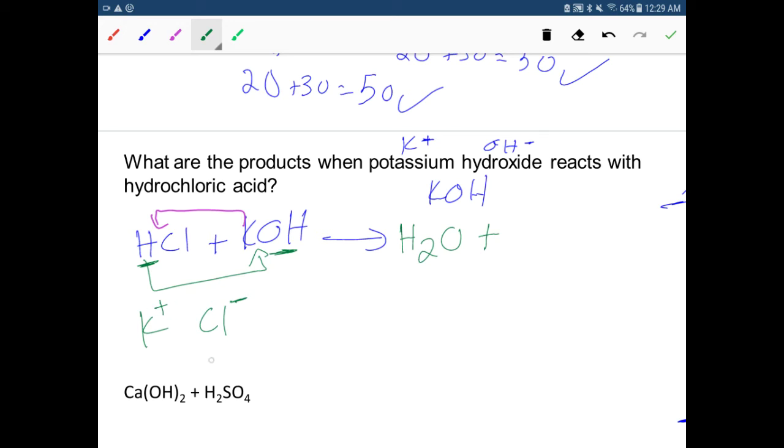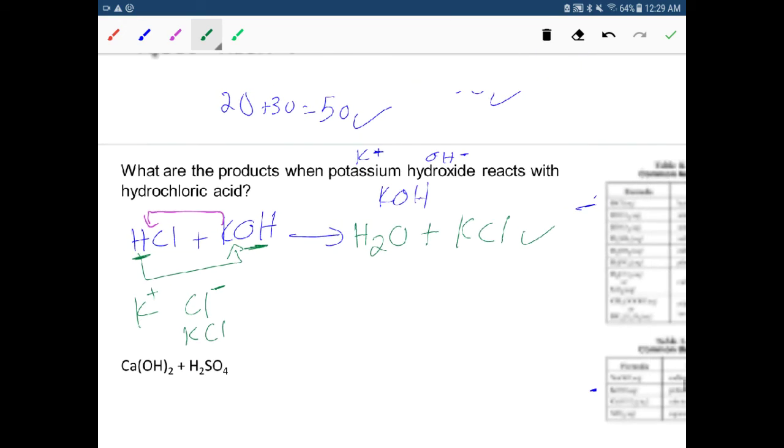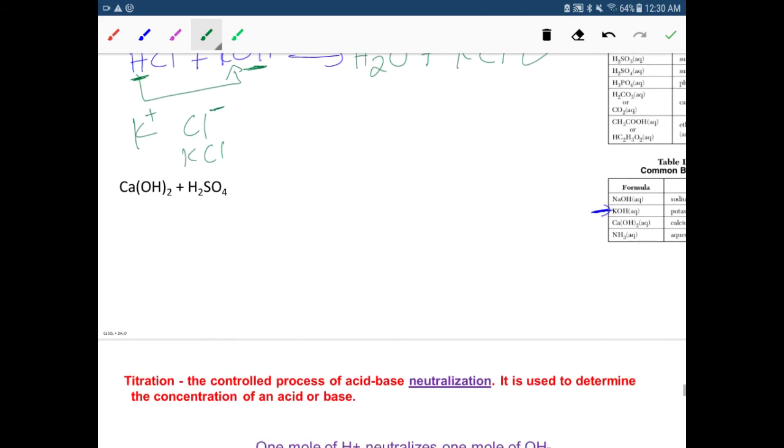The charges will balance out when you form the compound, so it's gonna be KCl. This is our salt, potassium chloride. Okay, and let's see, is everything balanced? You have 2 H's, you have 1 Cl, you have 1 K. So we're good. But again, it didn't ask us to balance it, but I checked for balancing anyway.